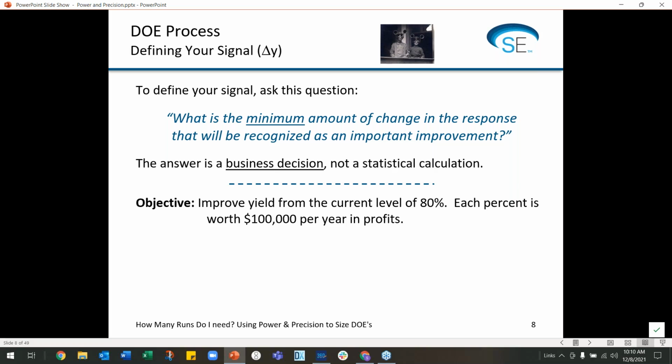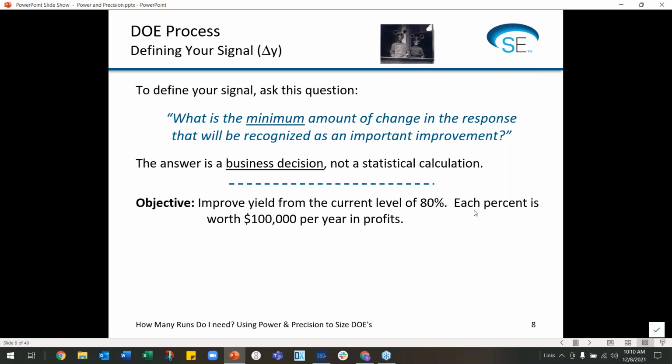But that's not precise enough, because I'm sure that he doesn't want to spend hundreds of thousands of dollars on experiments to improve yield by 0.5%. That's probably not going to be financially feasible. So we have to quantify what really is the minimum amount of improvement that's of value to the company.